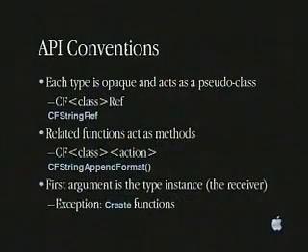So, for example, in CFStringAppendFormat, you know that the first argument is going to be a CFString. The exception, of course, is functions which create new objects. We call these Create functions. Obviously, in that case, there's no object for them to operate upon. They're creating a new object.